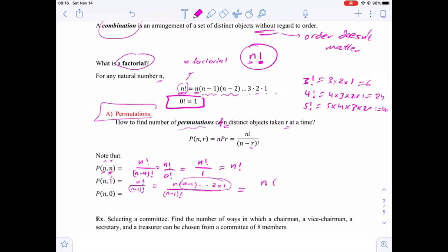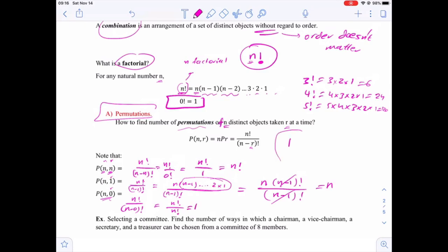So we have n times n minus 1 factorial over n minus 1 factorial, and then we simplify to get n. Now what is P(n, 0)? That's n factorial over n minus 0 factorial, which is n factorial over n factorial, which is equal to 1.